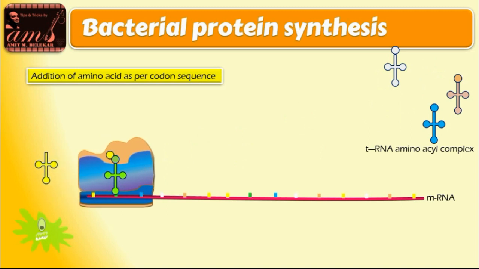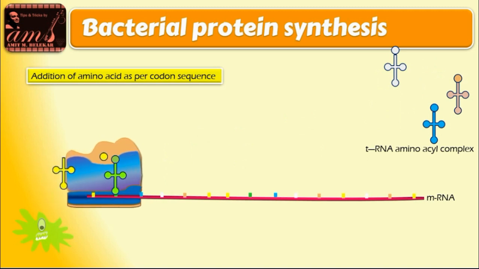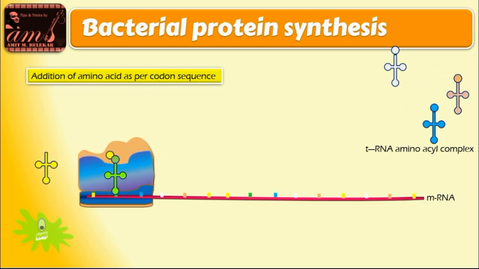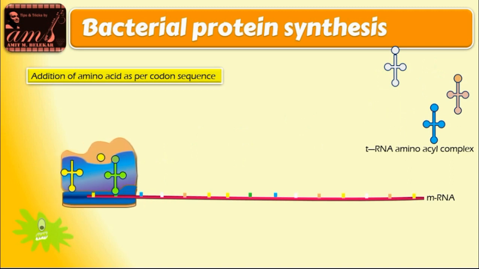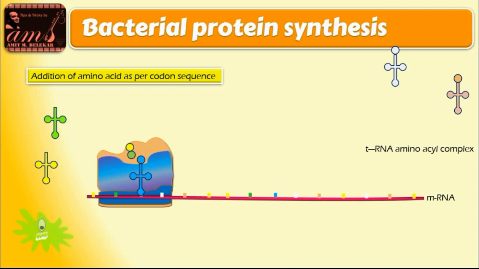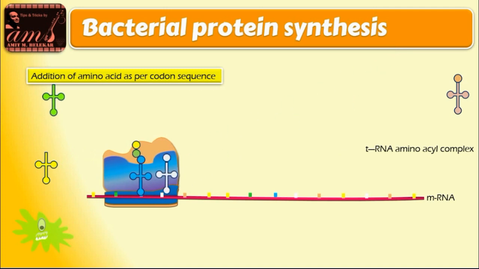Now the tRNA at the acceptor site moves to the P site of the 50S subunit and then leaves the ribosome through the E site. While leaving, it leaves behind its amino acid, which binds to the other amino acid with peptide linkage. Thus a long chain of amino acids is formed, which is the primary structure of protein.